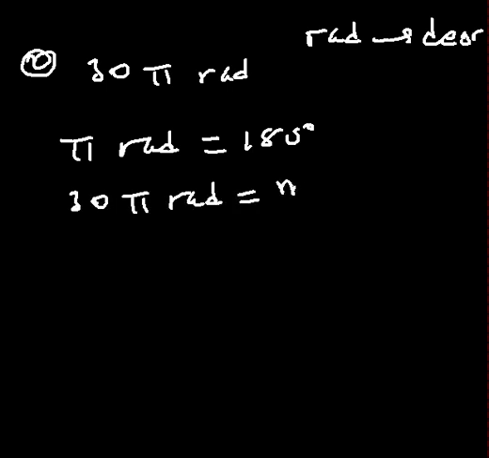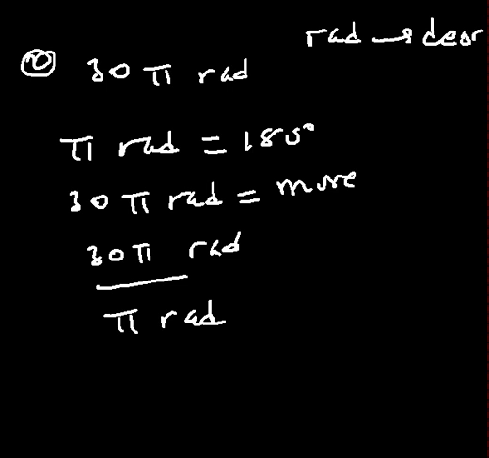We'll have 30 pi rad divided by 1 pi rad times 180 degrees. So this pi and this pi will cancel. That will be 30 times 180, which is 5,400 degrees.